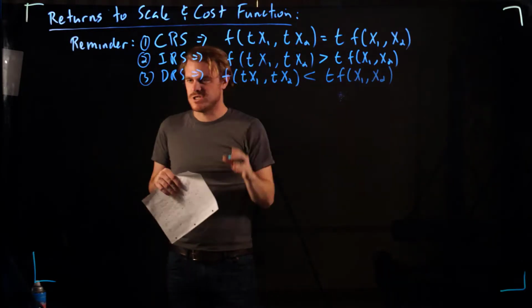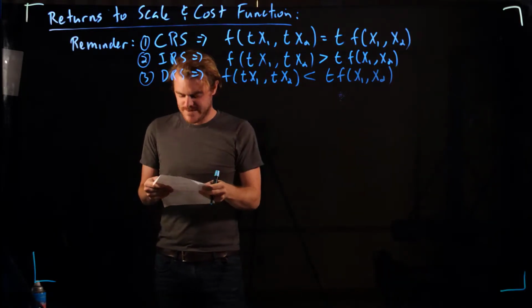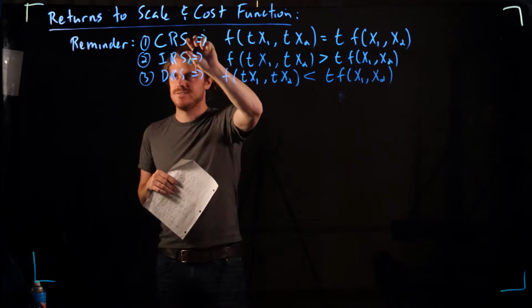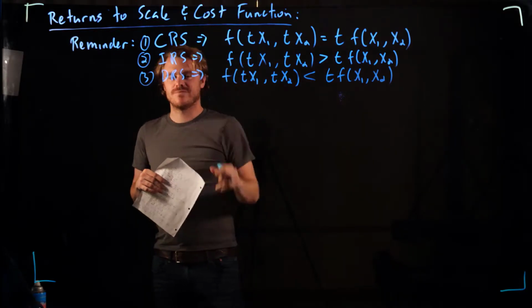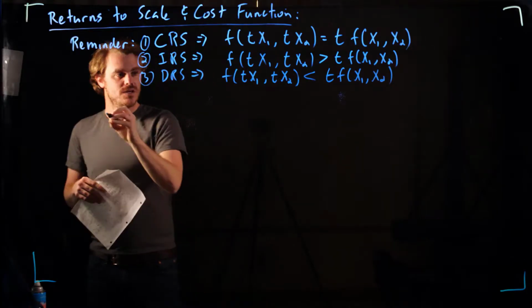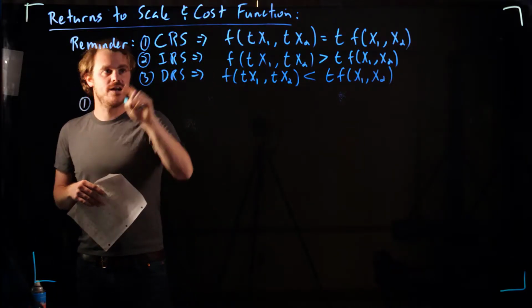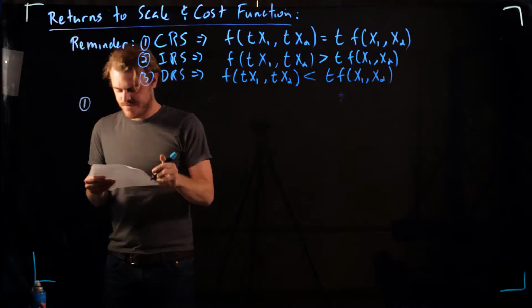Okay, so that's just a quick reminder, because we're going to categorize what happens with the cost function separately for these kind of examples. So let's start with 1 here, when we have constant returns to scale.